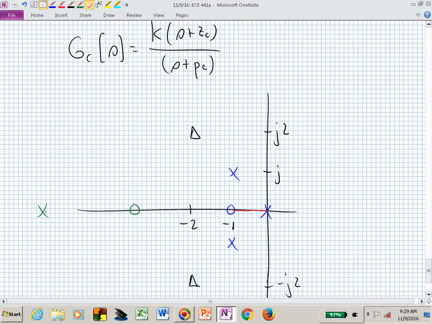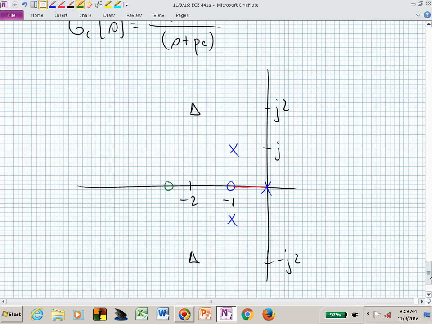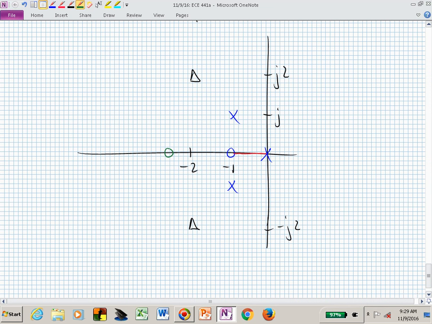Let's just do a thought experiment. What happens if I now put a zero there? And you can't do this. You can't just introduce a zero because that's a derivative controller and we don't want to do a pure derivative controller. But if I did a zero there, what would happen to the root locus? Which parts of the real line are now part of the root locus?